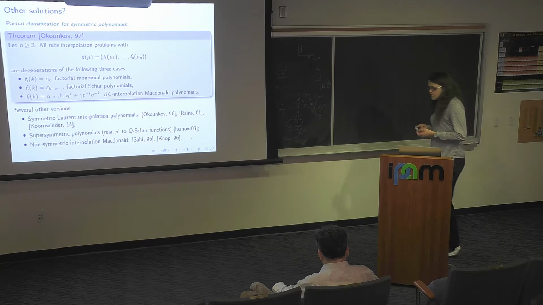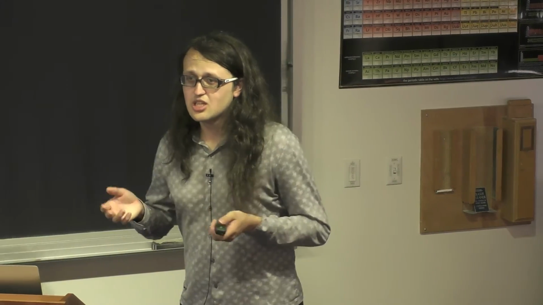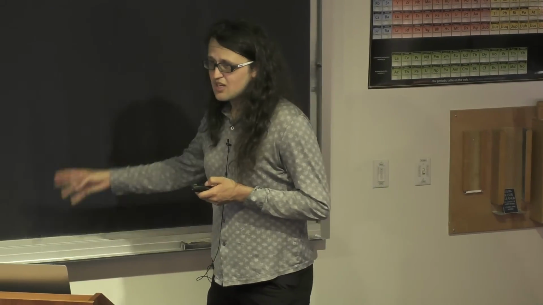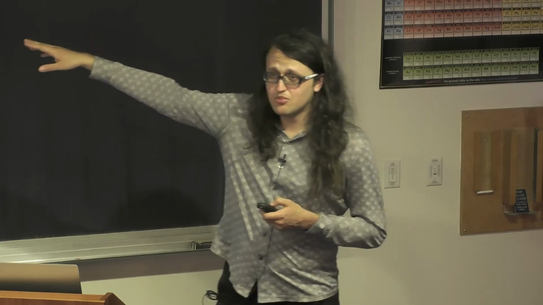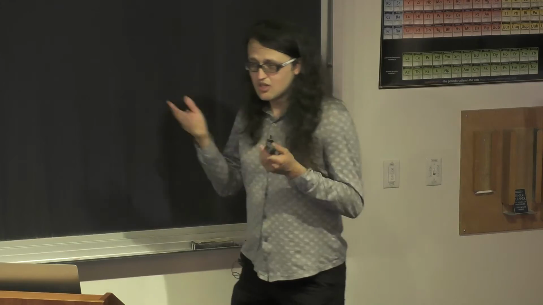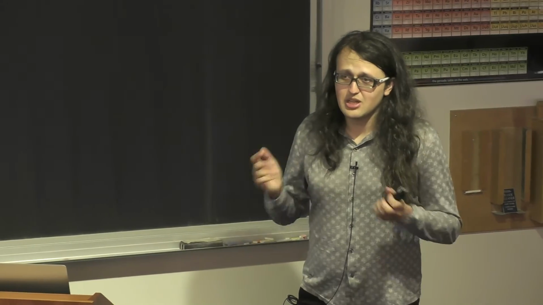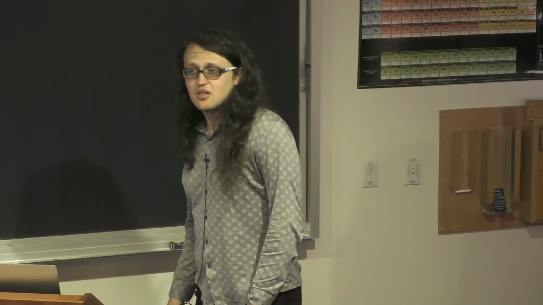Then you can generalize it further, and I believe it was found by Rains, there is a common generalization which generalizes both the interpolation BC Macdonald polynomials and also Koornwinder polynomials. And this will be certain Laurent symmetric functions determined again by a certain interpolation vanishing property.